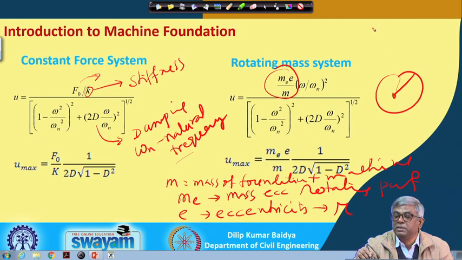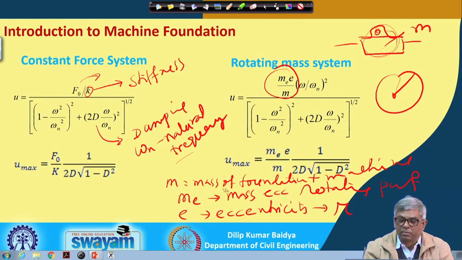That means, if I imagine a foundation like this and there is a machine here, then this entire machine and foundation will vibrate together. So, these two together make mass M, the mass of foundation plus machine together.